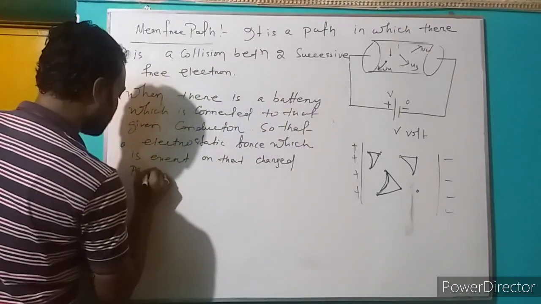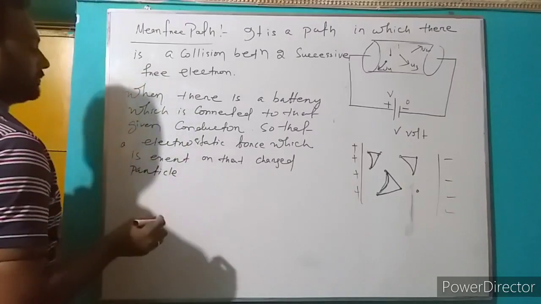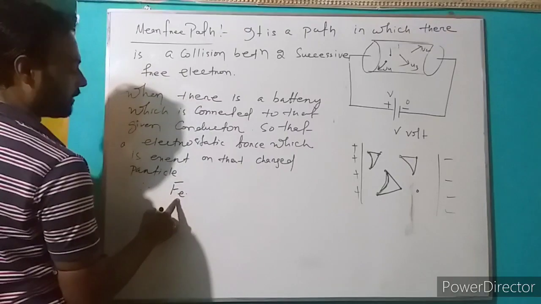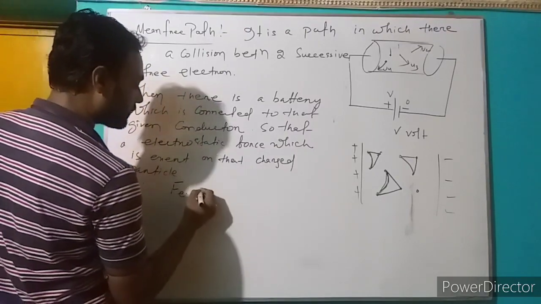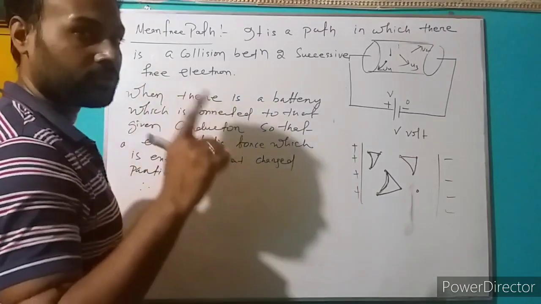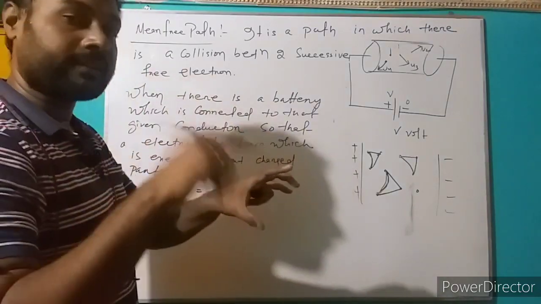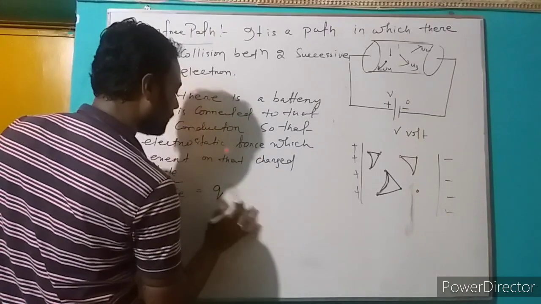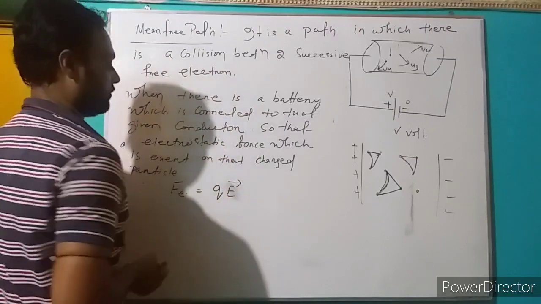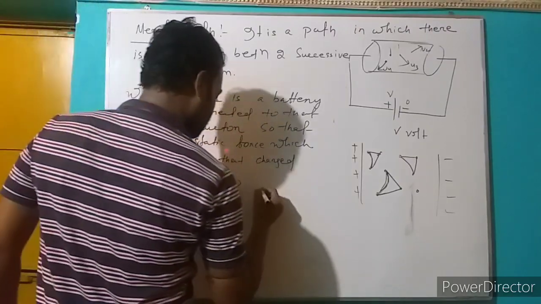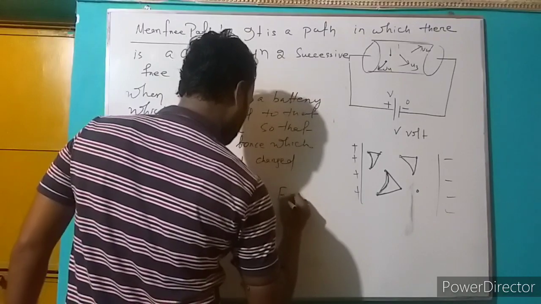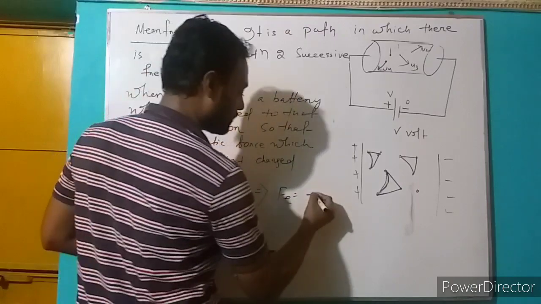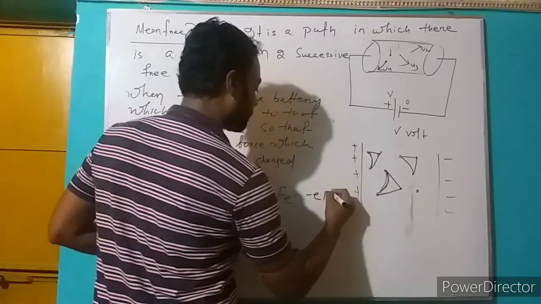Charged particle means what? That means the electron. Therefore, the force due to the electric field, that means the electrostatic force, equals charge into electric field, F = QE. Here Q means the electron, which has a negative charge, so F = -eE.